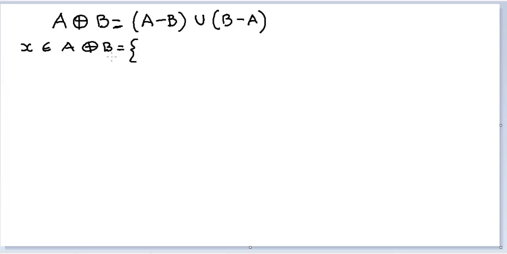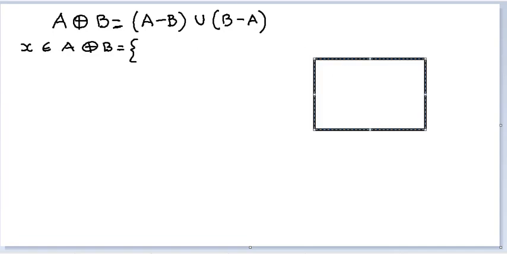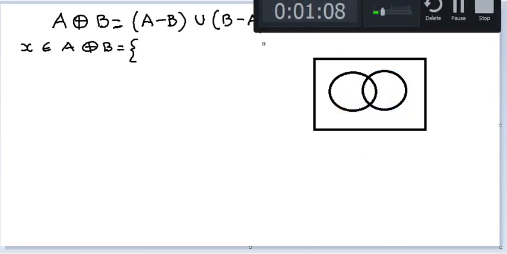For those who want to refresh your mind, we did this in class, right? So the set difference law basically states that X belongs to either that or that, right?